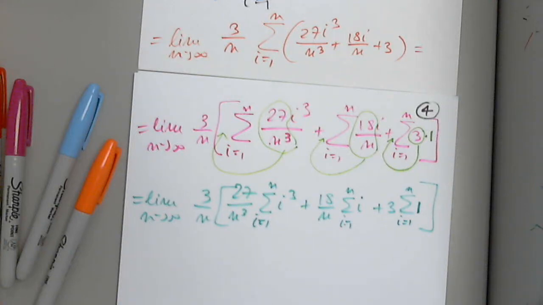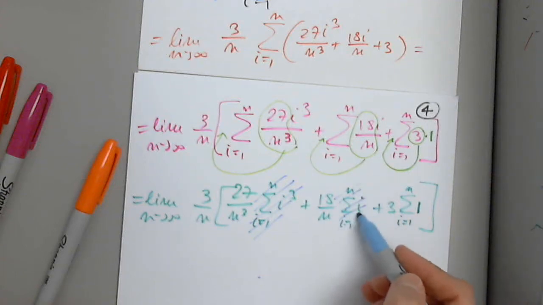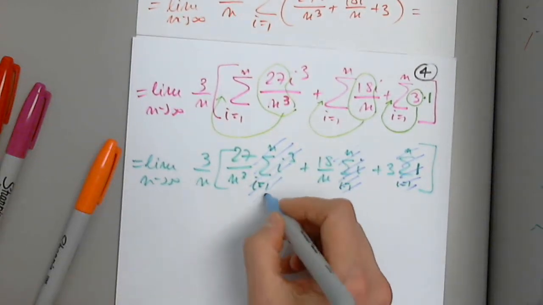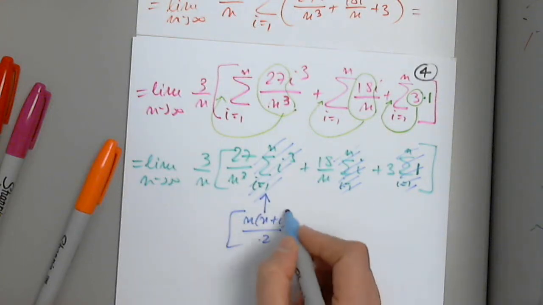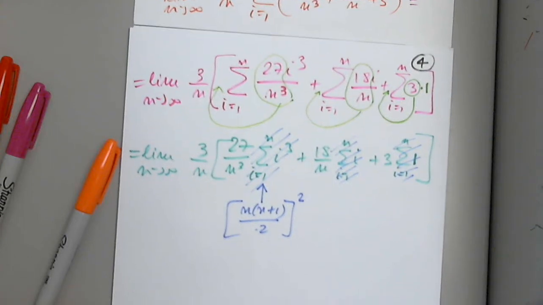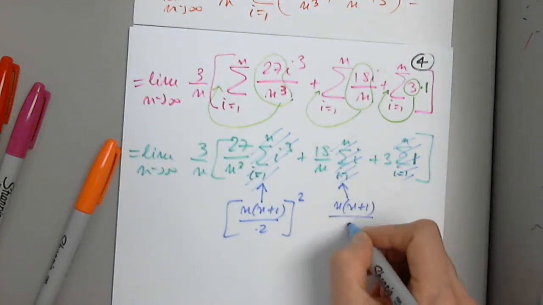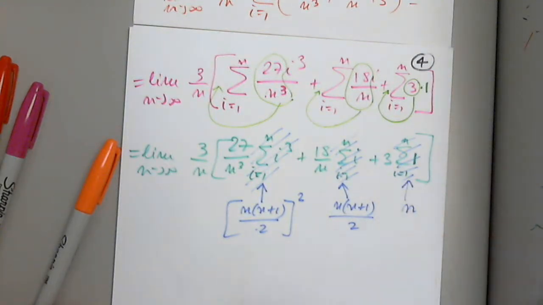I call them formulas, they are actually identities. We have to remember what this is replaced with, what this is replaced with, and what this is replaced with. This first part is n plus 1 over 2, everything squared. Luckily, this one is the same thing but not squared. And this one is n.